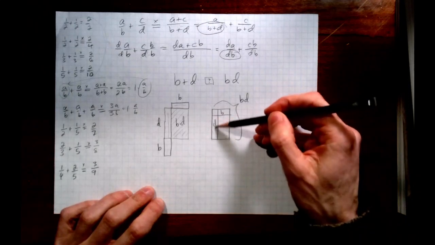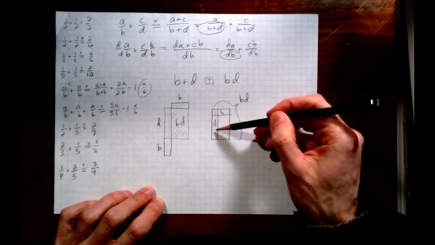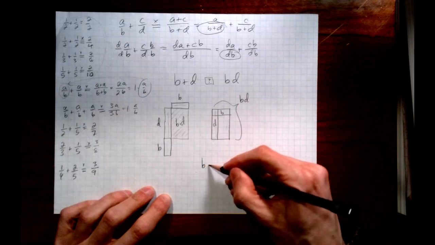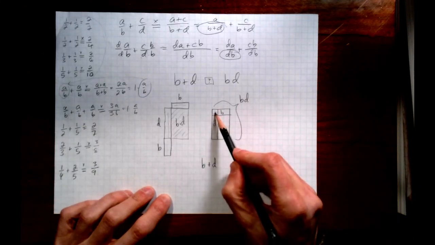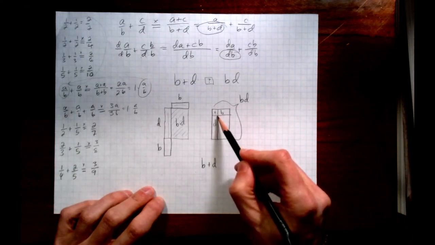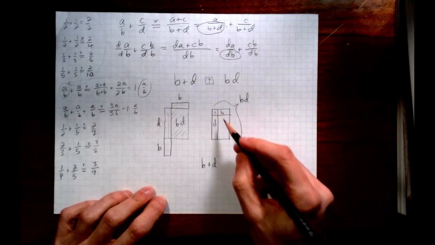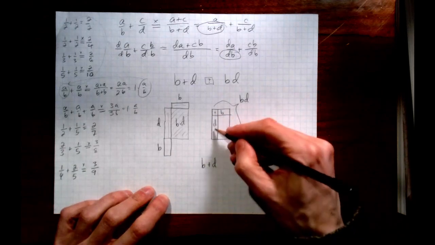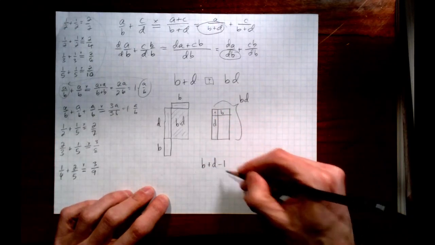So if I take, this spot right here is b plus d, but we don't want to count this little spot twice, because it's part of d and it's part of b. If we count it twice, then we won't be getting the right number. So that spot right there is b plus d minus 1.